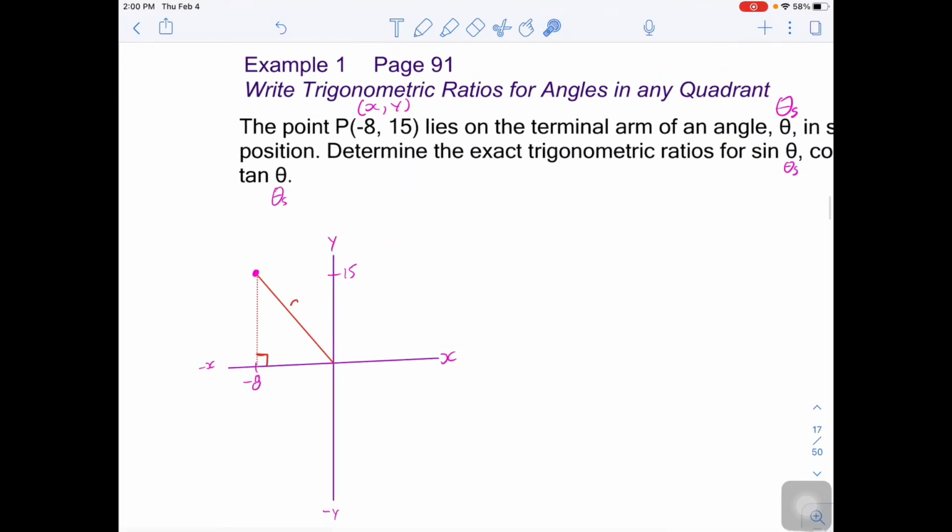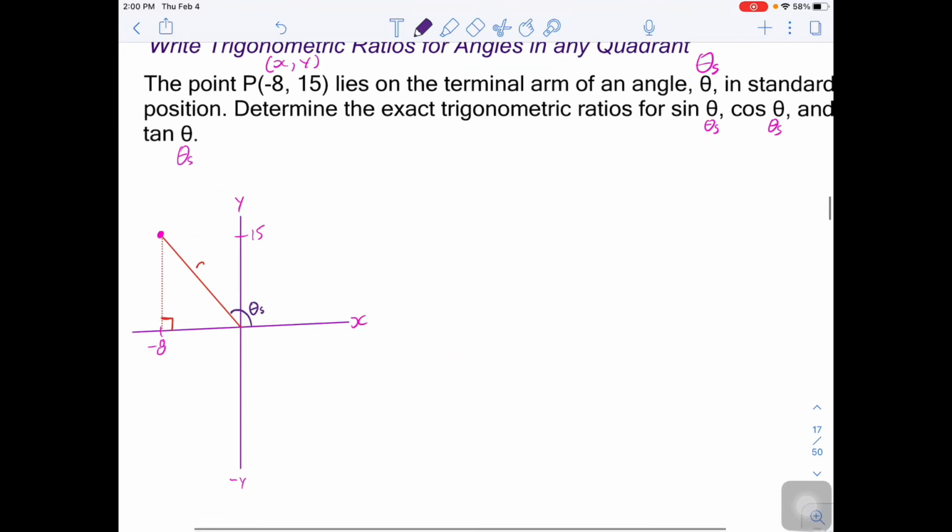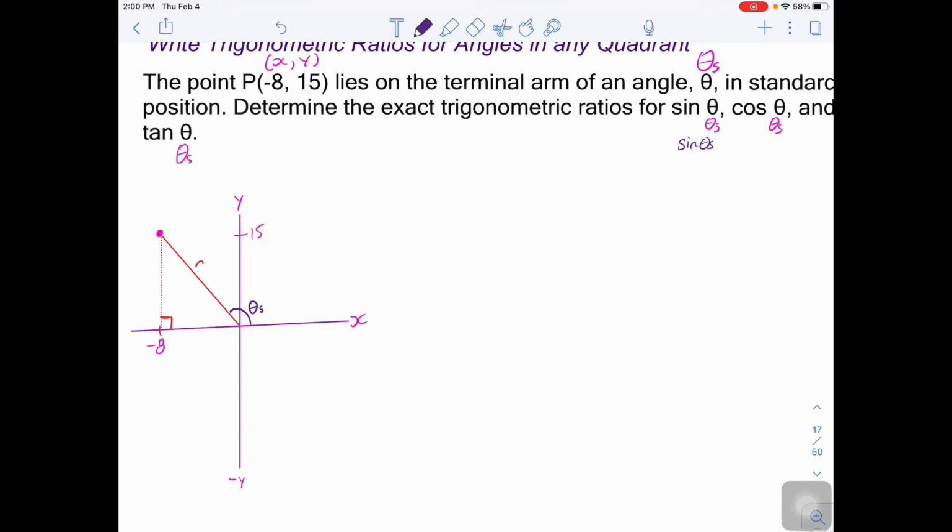So the angle in question is the standard angle that this point in a terminal arm forms, okay? So what does that mean? Remember, a standard angle is measured from the positive x-axis to your terminal arm. So there is our standard angle. So our question is to find sine of our standard angle, cos of our standard angle, and tan of our standard angle.